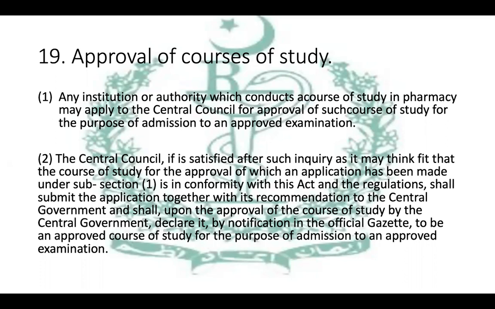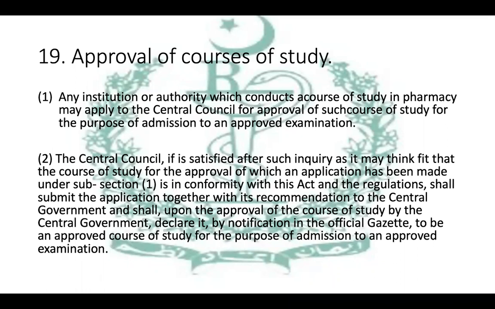So an institute or authority, whatever it is, which conducts the examination or course, because any university or any provincial pharmacy council, so any institution or authority, both, because the provincial pharmacy councils are also authorized to hold examinations for the B category of pharmacy technicians. They are known as pharmacy B category.